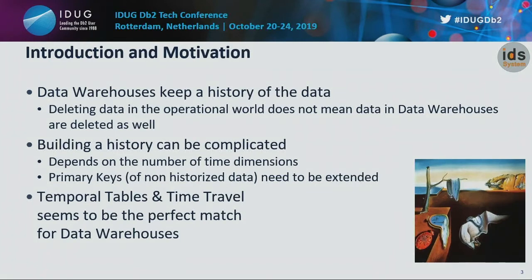So, from an introductory part, in warehouses we always collect data and we build a history. This might be true for some of the operational systems as well, but most of them do not have a history in there already, so we have to build it. And this can be complicated because keys may be different. You have to maintain the history, you have to build it up.